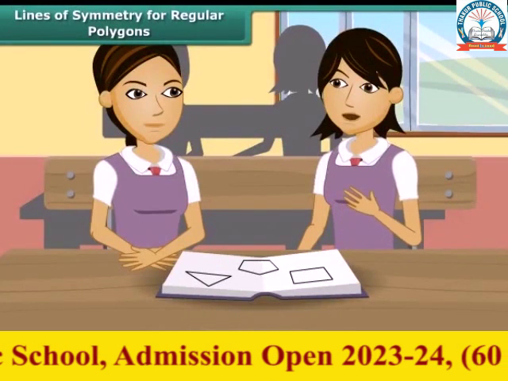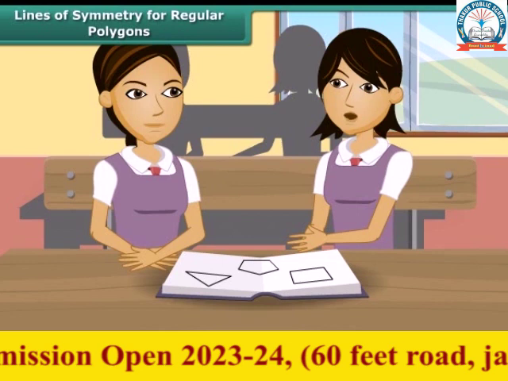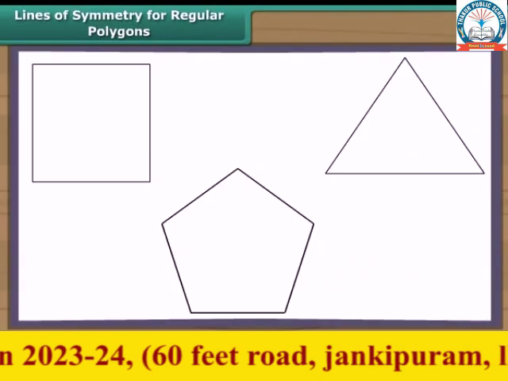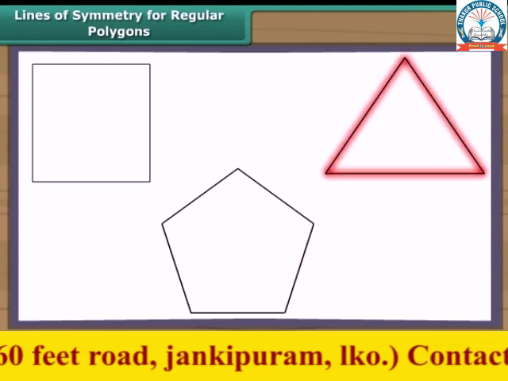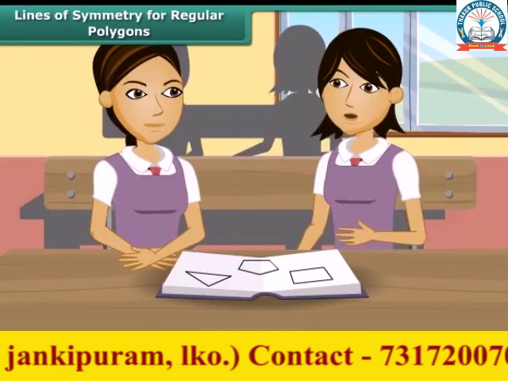Now I will tell you about lines of symmetry in regular polygons. Do you know what a regular polygon is? It is a closed figure made up of several line segments. And a triangle is a polygon made up of at least 3 line segments. You are right.